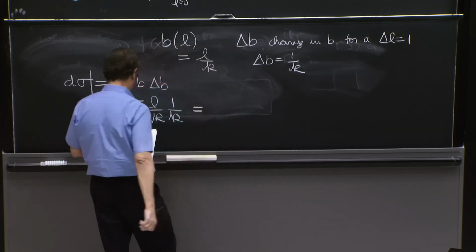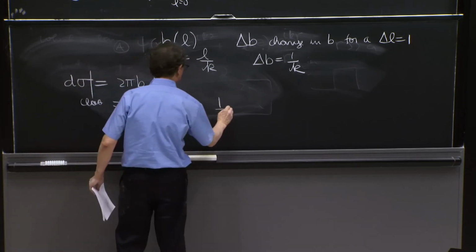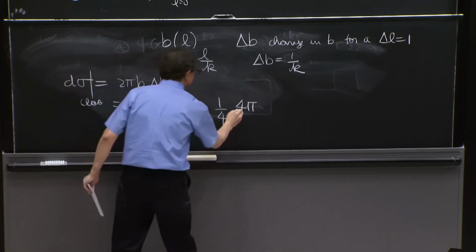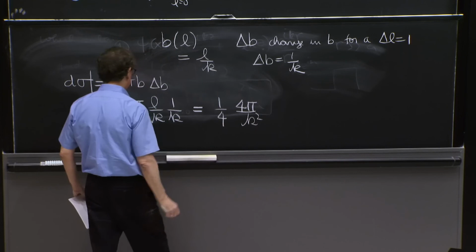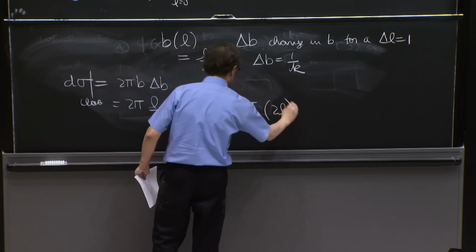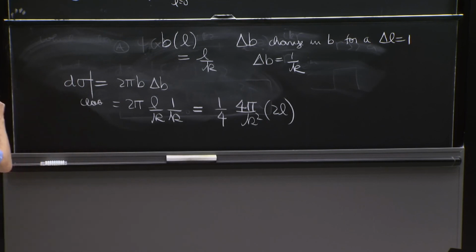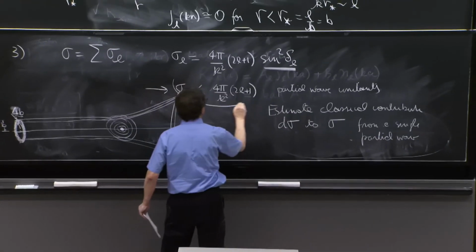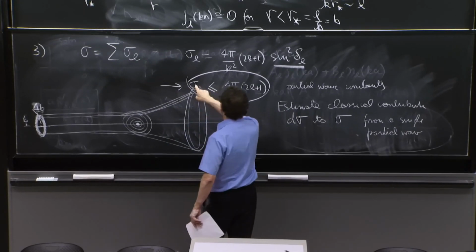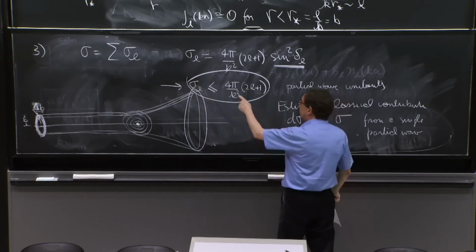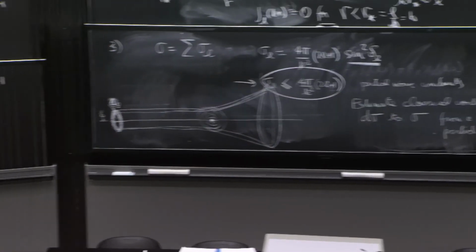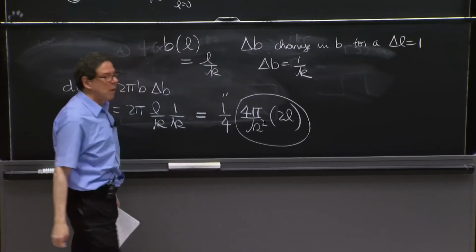I'll write it as 1 over 4 pi over K squared. The K squared came out right, times 2L. I wrote it like that because here is what the quantum theory tells you. The partial wave contribution to the cross-section is 4 pi over K squared times 2L plus 1. That's pretty much it. And the classical estimate gives you 1/4 of that.